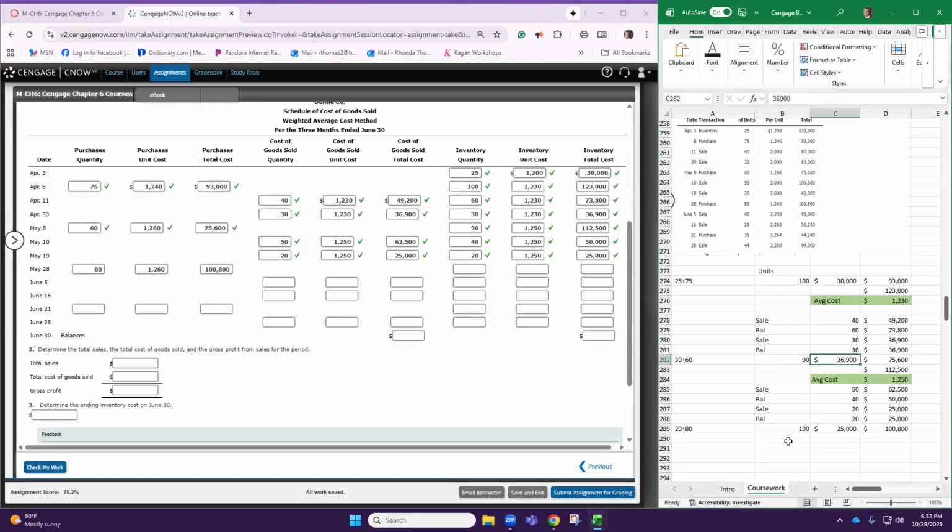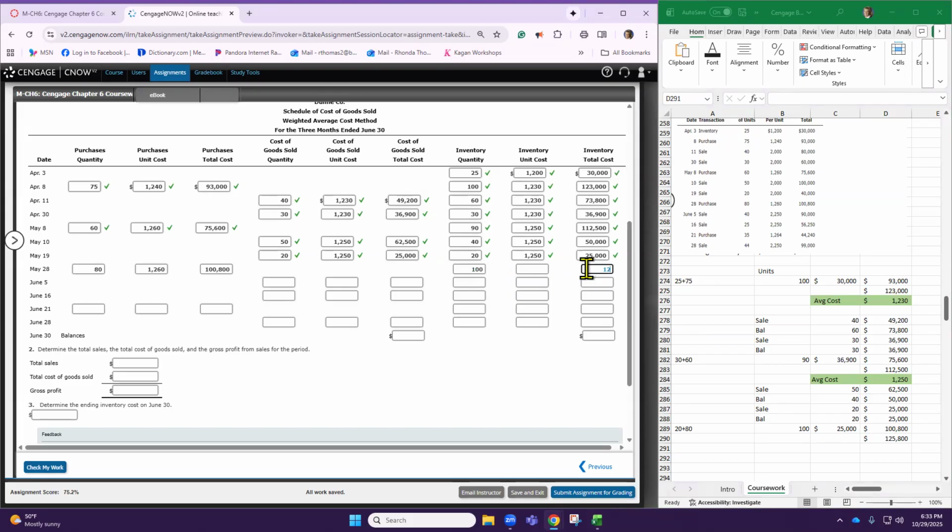Now we want a new average cost. Not average cost yet, we got to add those two together. Equals this one plus this one.